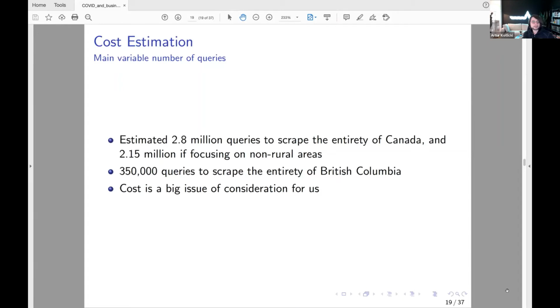We are looking at almost 3 million queries to scrape the entire Canada, and 2 million of it being the non-rural areas, so you can see that the cost of such scraping becomes non-trivial, especially if we have to repeat this analysis frequently over time to get the time series. This is something that we need to tackle in a careful way.